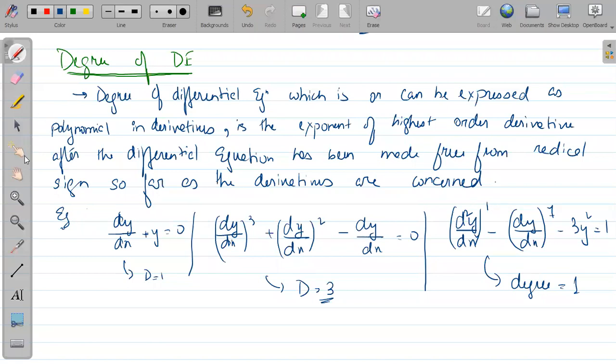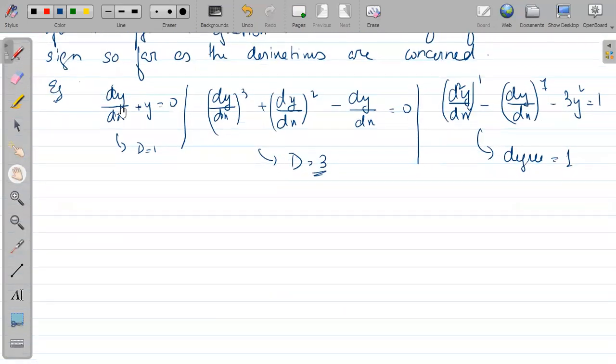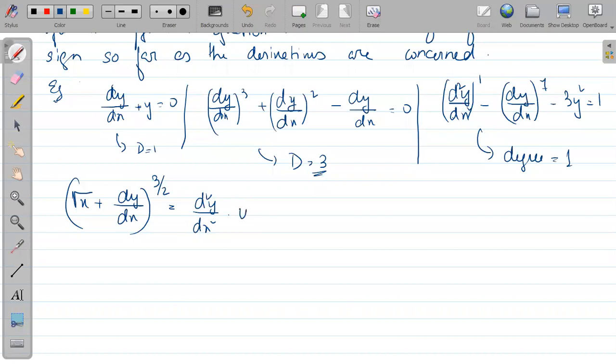Now, suppose I write the next example: root x plus (dy by dx) to the power 3 by 2, multiplied. It's okay, it can be multiplied also. Can you tell me the degree, sir?